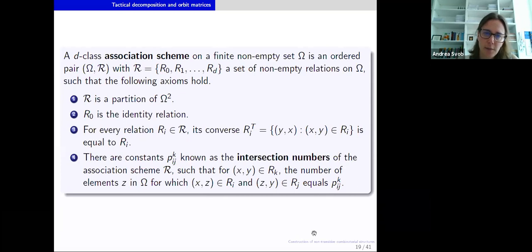These intersection numbers satisfy the following condition, which says that for every pair (x, y) from the relation R_k, the number of elements z for which (x, z) is from R_i and (z, y) is from R_j equals p_ij^k.